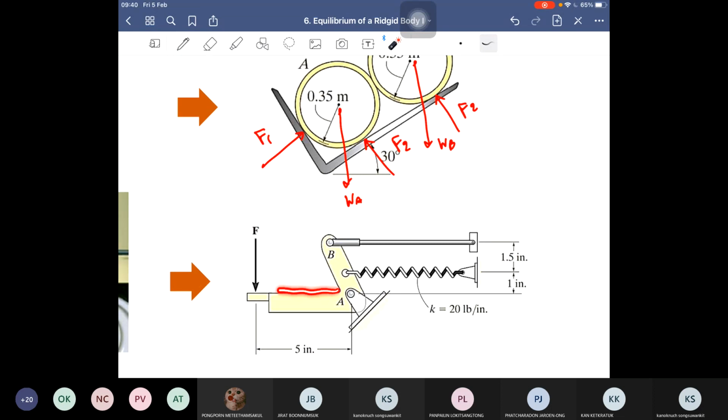And this link is locked by support A, with the spring and one link. So these three supports must create reaction forces to prevent this short link from moving.